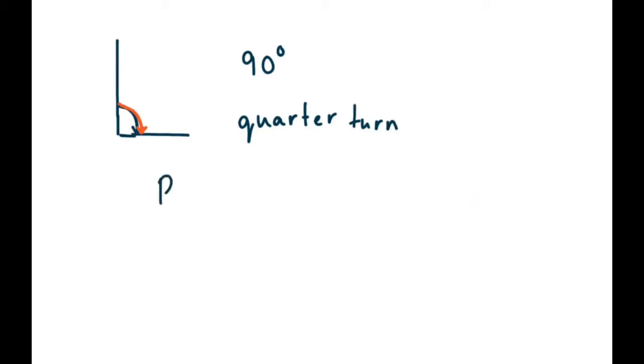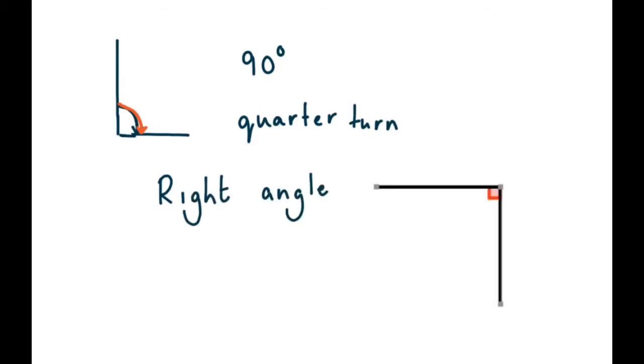This is often called a right angle. A right angle is often shown using this square that you can see here. Look for the right angle in both of these pictures at the bottom. In the T shape, there's a right angle there. There's also another one there.